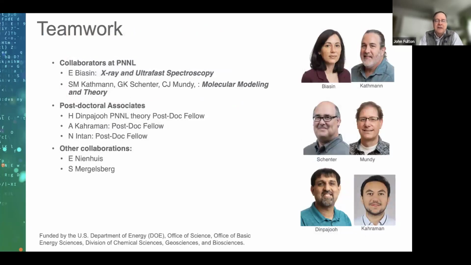So to begin with, this is a team effort, of course. There's myself and Elisa Biasen who are doing the X-ray spectroscopy on these systems. We have a theory group here at PNNL who has like interests in looking at aqueous systems, and that includes Sean Kathman, Greg Schenter, and Chris Mundy.